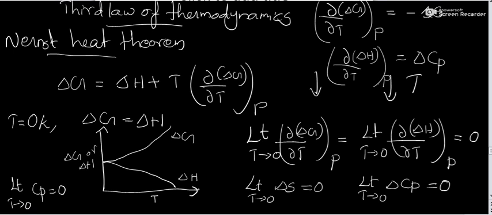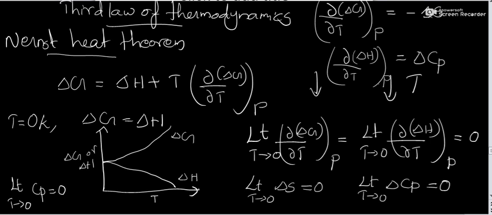So, third law of thermodynamics is used to define absolute entropy of a substance in a specific state as the entropy change associated with the transition of a sample of a pure substance from 0 Kelvin in a perfectly crystalline form to some specified state, which is called absolute entropy of that substance in the new state.